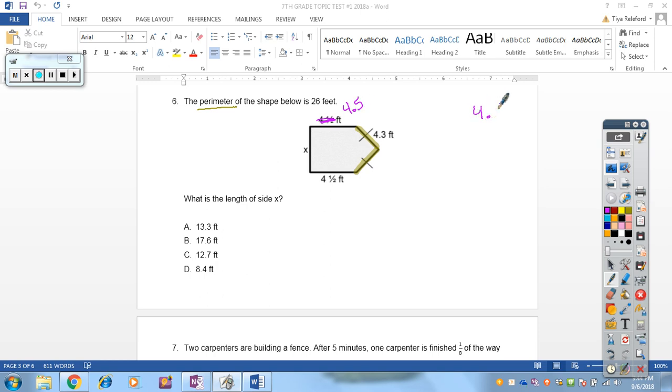I have 4.5 plus 4.3. Plus 4.3 plus another 4.5.